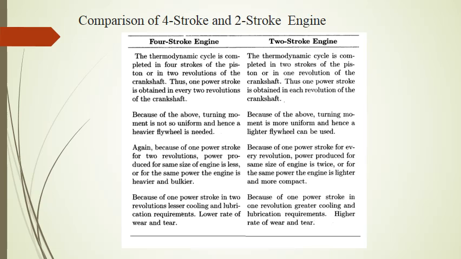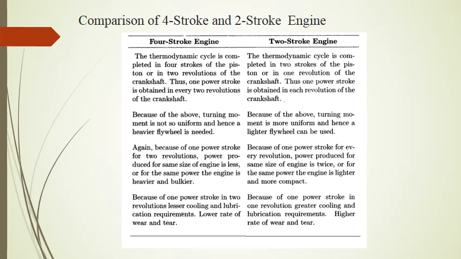But remember, Pm, that is mean effective pressure, and capital N, that is speed of the engine, cannot be increased. That is not in our control. So what can be increased? A into L, that is cross-section area and stroke length. It means ultimately we are increasing the size of the engine if we want to keep the power of the four-stroke engine the same as that for the two-stroke engine.